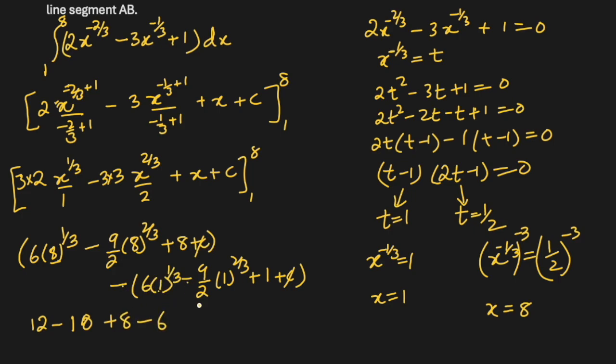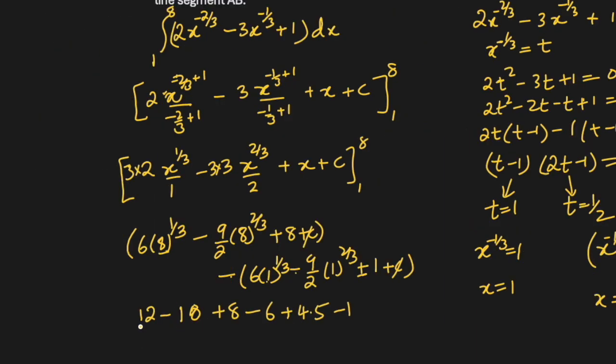This minus and this minus will make it plus 4.5, and this plus and this minus will make it minus 1. So positives are 12, 20, 4.5, 24.5. Negatives are 18, 24 and 25, so the total will be minus 0.5.